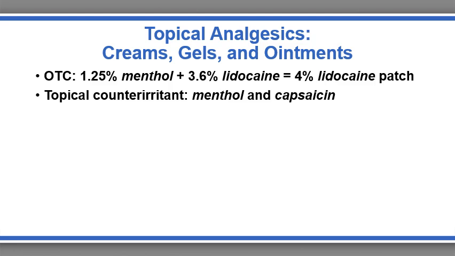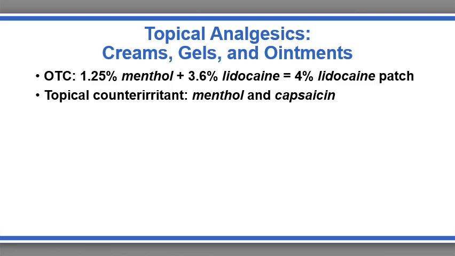It again helps to desensitize the C fibers. Menthol also produces that tingling sensation. If you've ever used a menthol-based pain relieving gel or cream, you notice you get that tingling sensation, and that is also something that interferes with the pain signal.